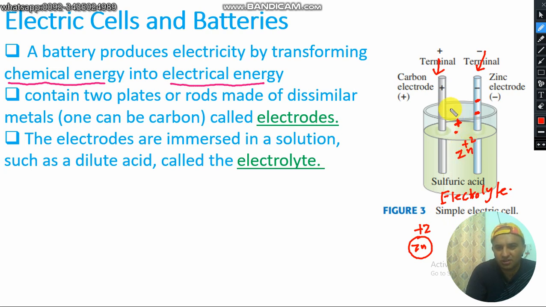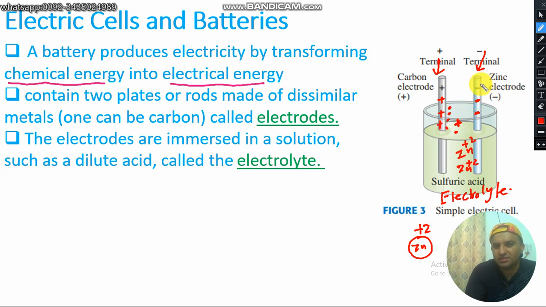On the other hand, the carbon also loses electrons, which are gained by the zinc. When carbon loses electrons, it gains a positive charge.